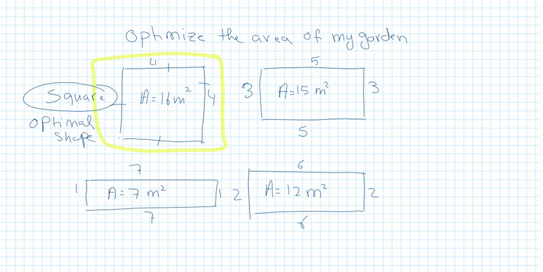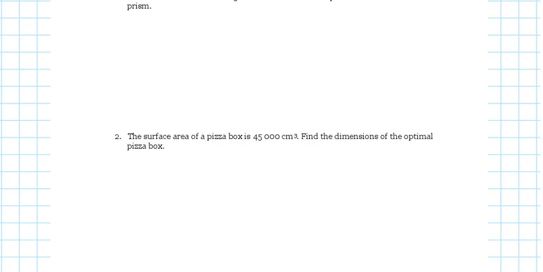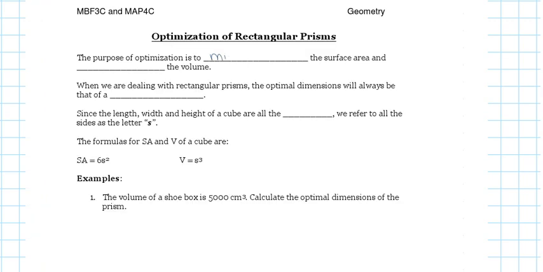So the purpose of optimization is to minimize the surface area, so to make your surface area the minimum, and to maximize the volume.